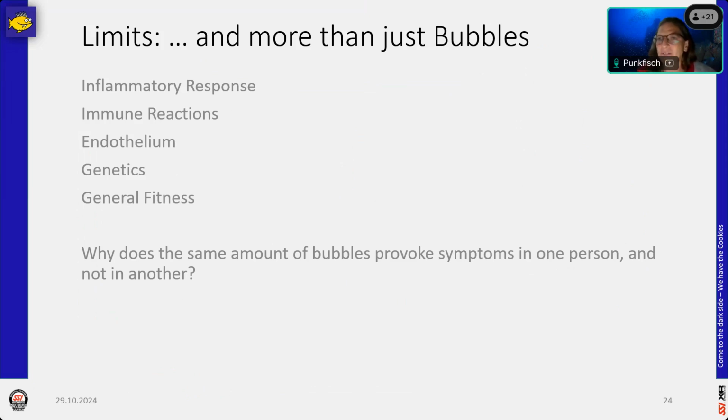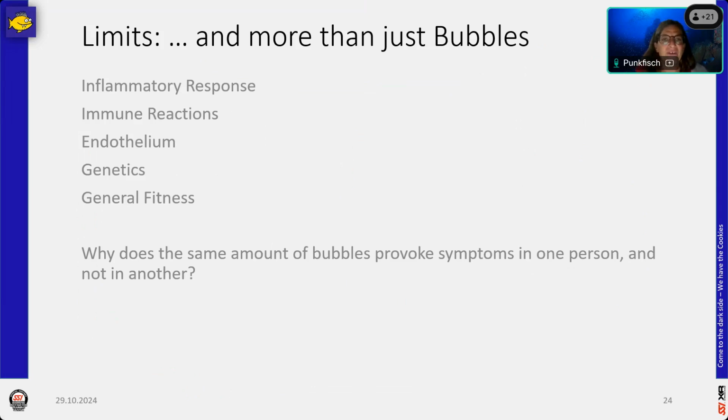We get some inflammatory responses as well when we're running, and not only when diving, but there are some measurable differences, some immune reactions, some inflammatory responses. And there are connections between the endothelium and the bubbles that interact with each other.